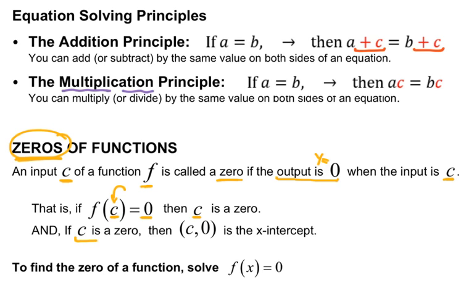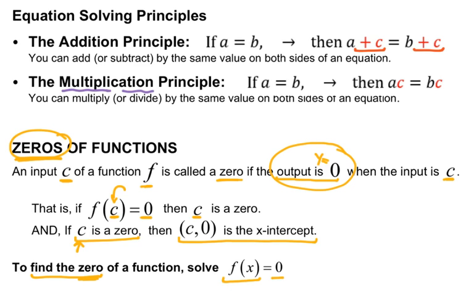And furthermore, if we know that C represents some 0 value, then we can say that (C, 0), that ordered pair, represents the x-intercept. So the 0 is really the value of x at the x-intercept. And all we need to do to find the zero of a function is to let f of x equal 0.